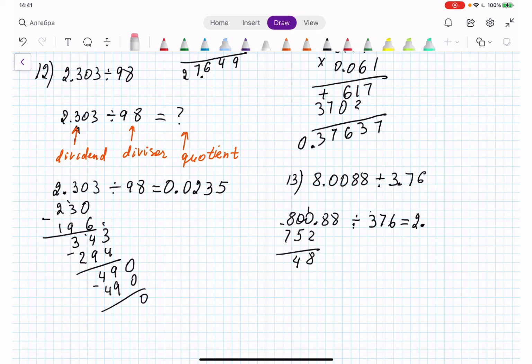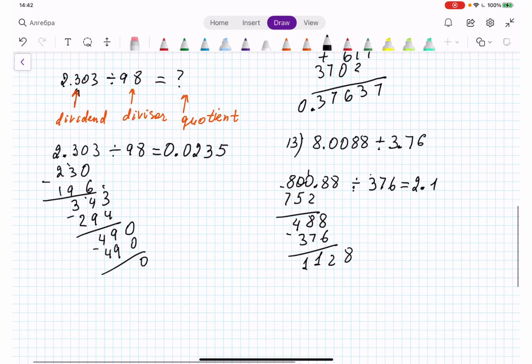Okay, bringing down 8, 488. What am I doing again? 4 divided by 3. First number dividing by the first number. So it's going to be 1 time. So 1 time 376, nothing to guess. 8 minus 6 is 2, this is 1, this is 1. Bringing down the second 8. All right. So 1 is not divisible by 3.